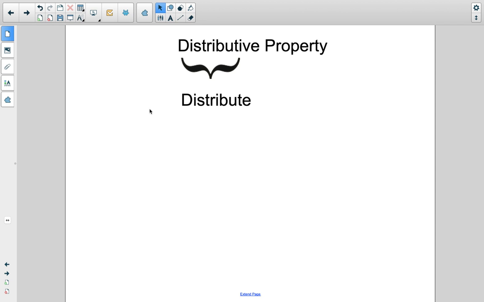Grocery stores also have food distribution centers. There'd be a giant warehouse somewhere where all of the stuff would then be sent to stores like Metro and No Frills and Food Basics. So those stores get food distributed to them. So distribute really means to give out.